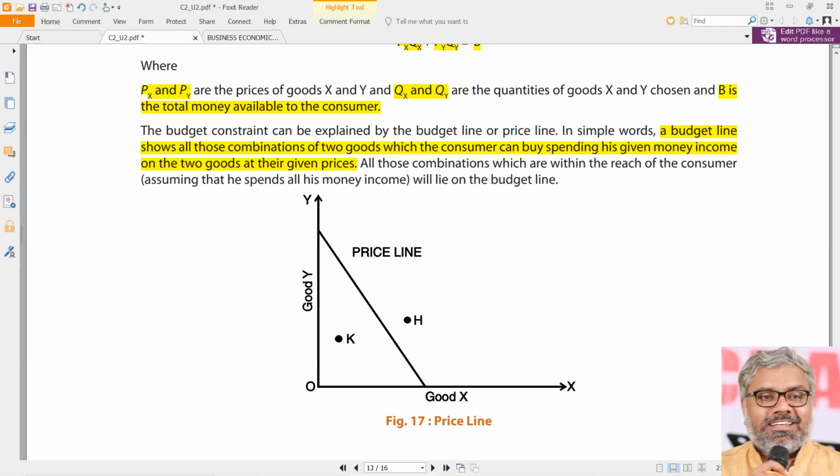We already know their prices, that is a fact. We already know how much money is available with the consumer, that is a fact. With the given money, within the given budget, how much of each commodity he can consume is the combination of 2 different commodities.